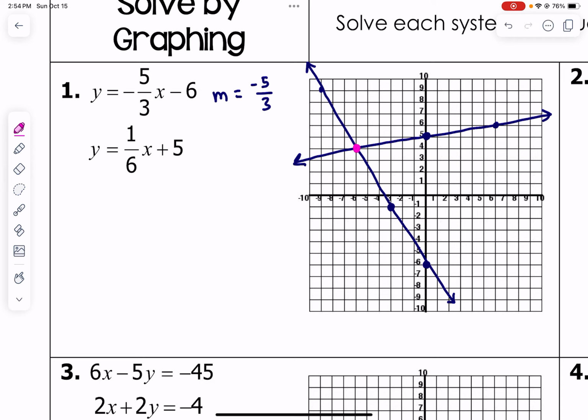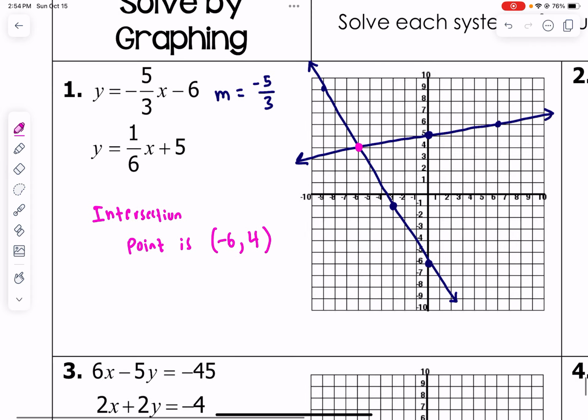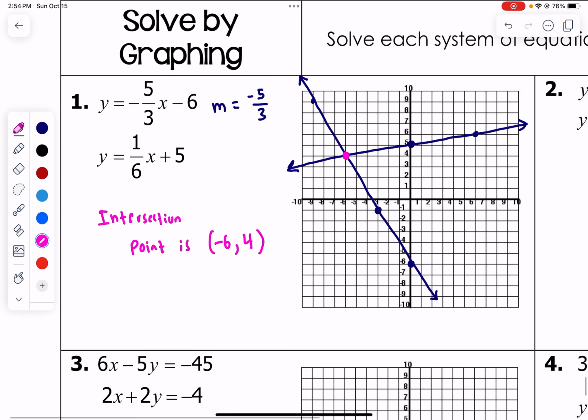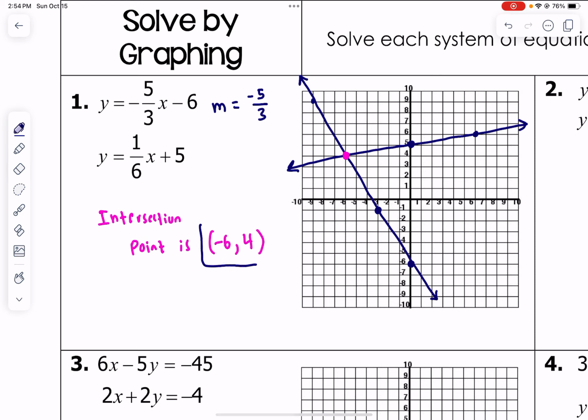And you'll notice that if you look at this graph, the intersection point is negative 6, comma 4. And this intersection point would be your final answer. So notice in this example, we only had one solution. And that is very important.